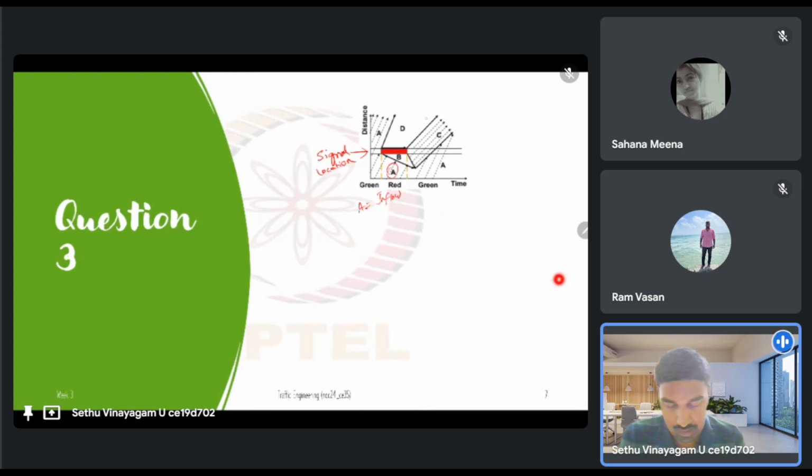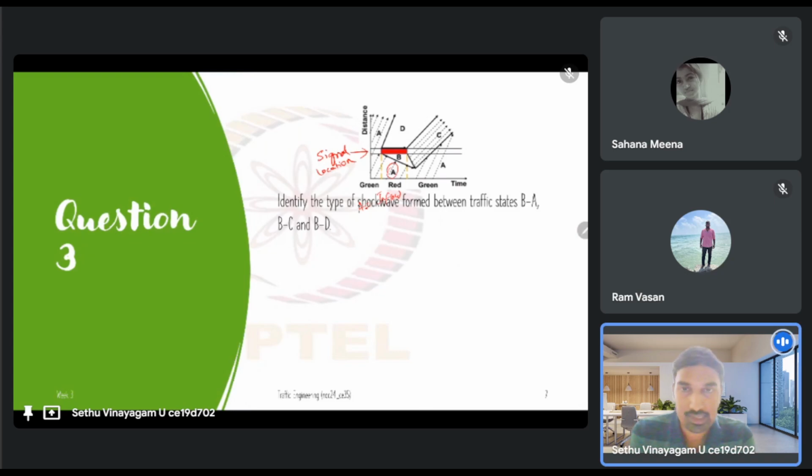We have different kinds of shock waves that are created, right? The question is, identify the type of shock wave formed between the traffic states BA, BC, and BD. This is the first one, BA. This is the second one, BC. This is the third one, BD.